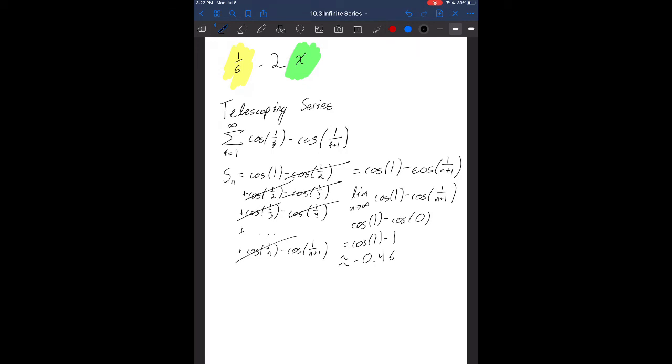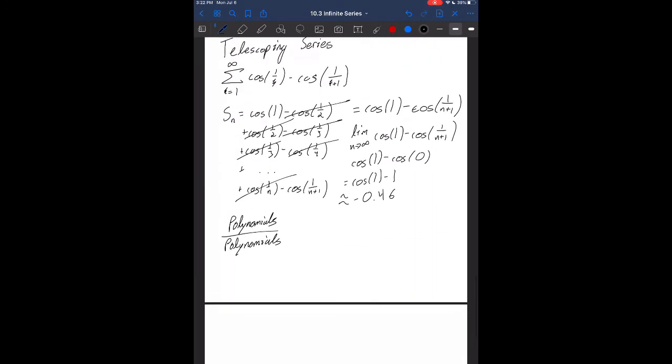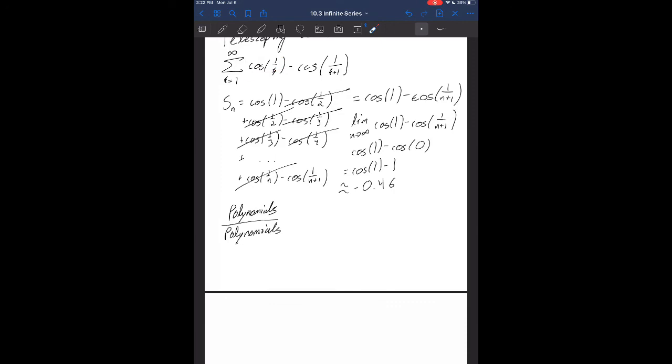So the way we will most often see telescoping series in this course are either in this case where it's very obvious that you have an addition and then you have a subtraction right there, or it's going to be in the case of rational functions. So rational functions, again, are going to be polynomials over polynomials, and we're going to look for partial fraction decomposition.